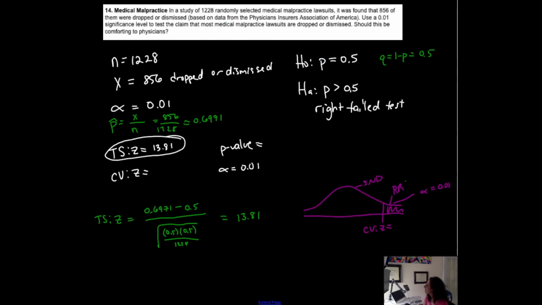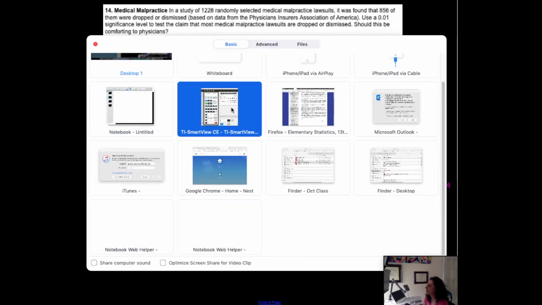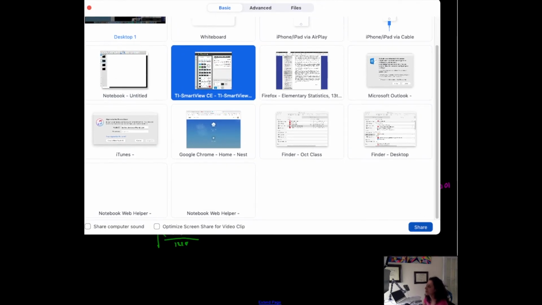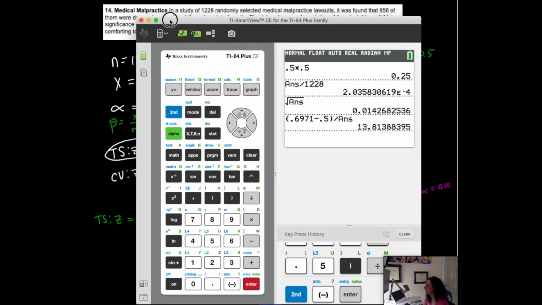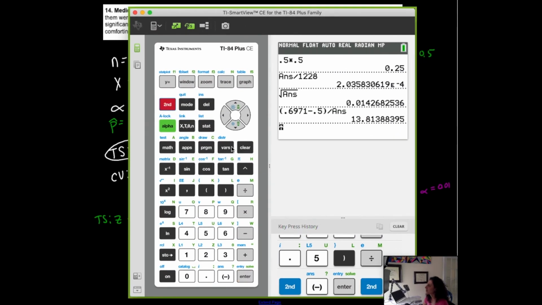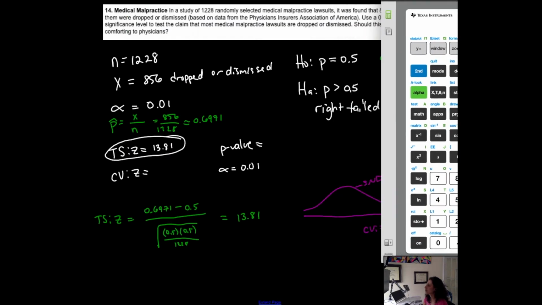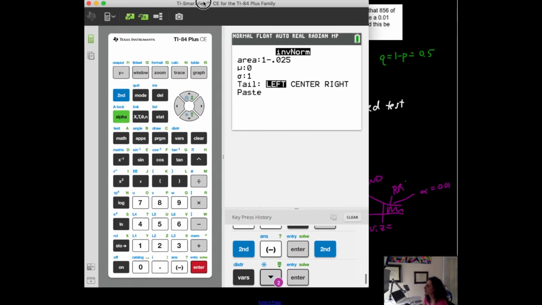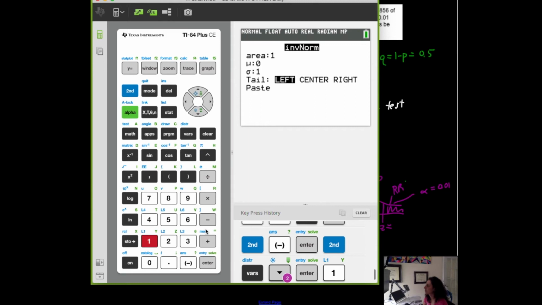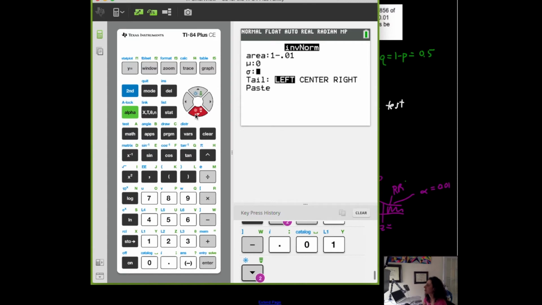Now, if you remember how we find a z-score, if I know the area to the right, second VARS down to inverse norm, right? We said the area to the right was 0.01, so I'm going to do 1 minus 0.01. I'm on a standard normal distribution curve, so the mean is 0 and the standard deviation is 1.